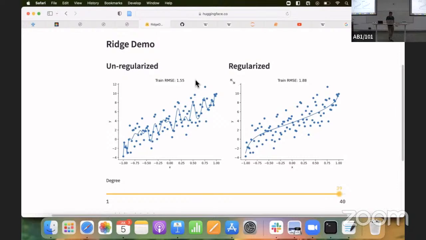So overfitting is also known as high variance. Does anyone know why this specific term is being used? Yes, but what is the relation? What do you understand with the term variance?